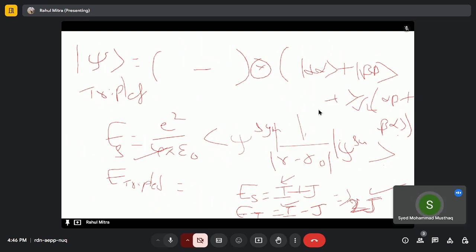So again, we have to look through the parity operator, but let's not go deep into that. Let's just stick with the symmetrization postulate. If I have a symmetrical spatial wave function, then our spin function should be non-symmetrical.